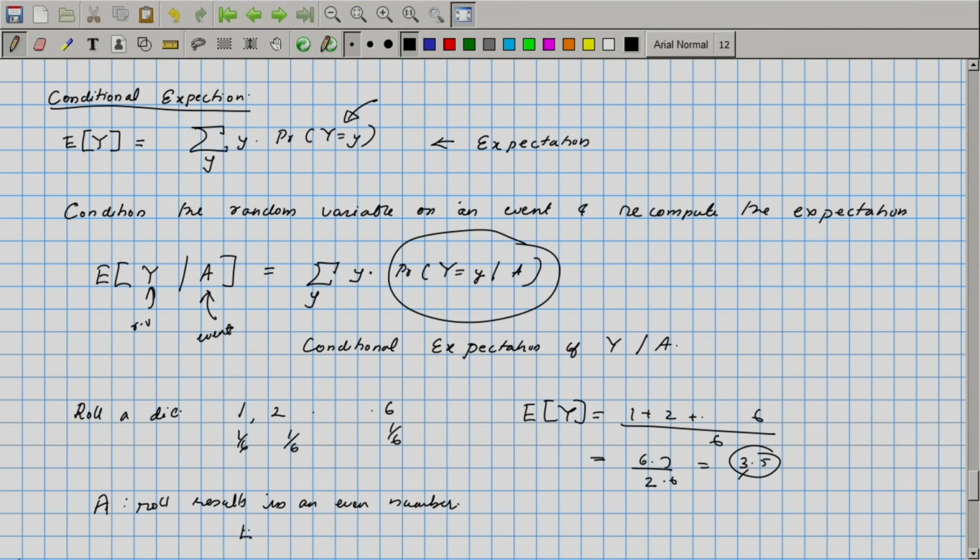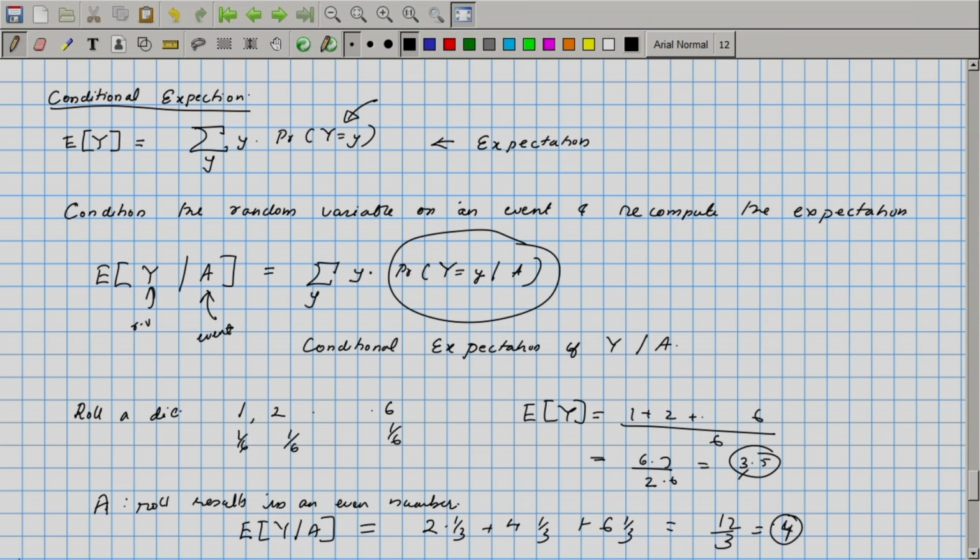So, the conditional expectation of y given this event A is equal to, well, there are 3 even numbers that could appear, 2, 4 and 6, all of them being equally likely. Okay, if you add them up, you will get 12 by 3, that is equal to 4.